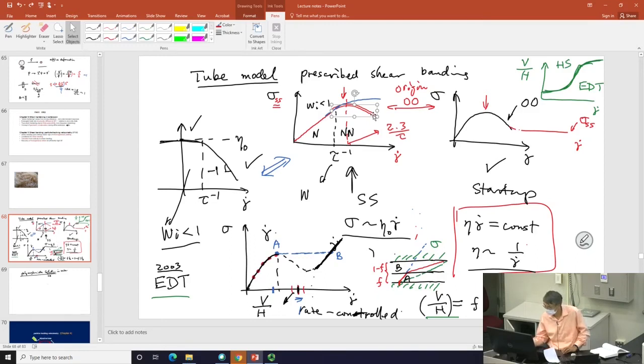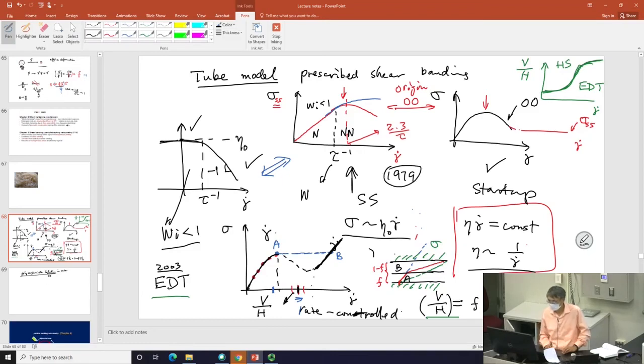This is the original paper, 1979. In other words, since 1979, we should be, as experimentalists, searching for evidence of shear banding.